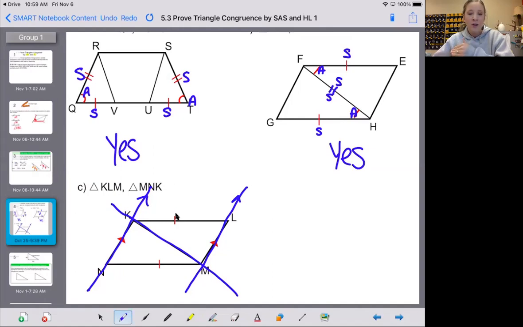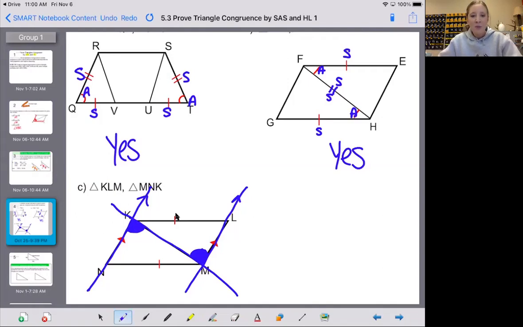And remember, on parallel lines with a transversal, we had alternate interior, alternate exterior, corresponding, and consecutive interior. So we had all those angle pairs, remember? And so this angle right here, specifically, and then this angle down here, those angles are actually equal. They're congruent to each other because alternate interior angles are congruent.